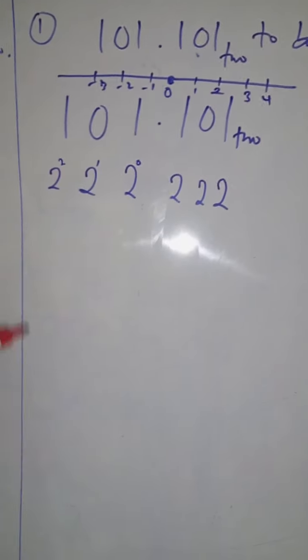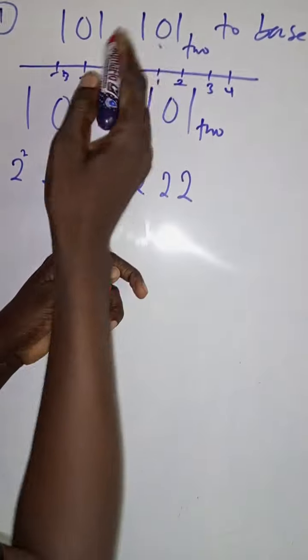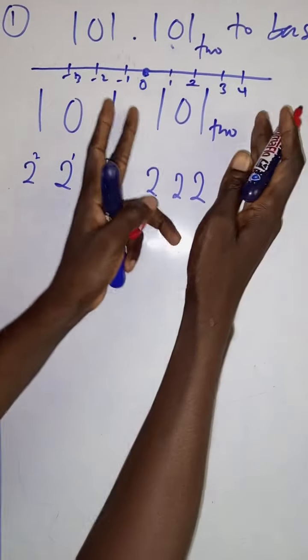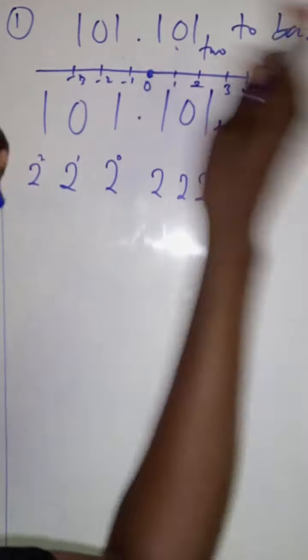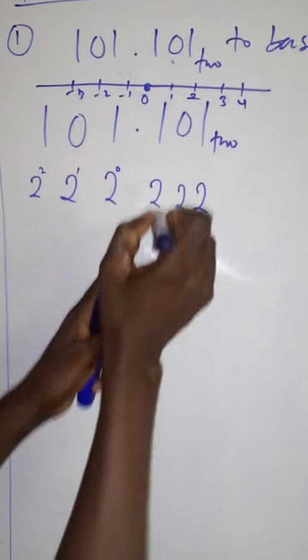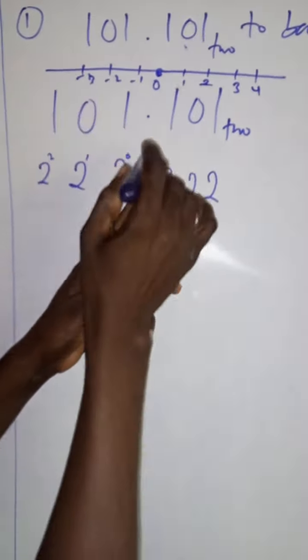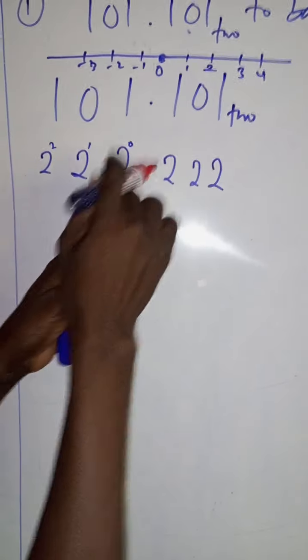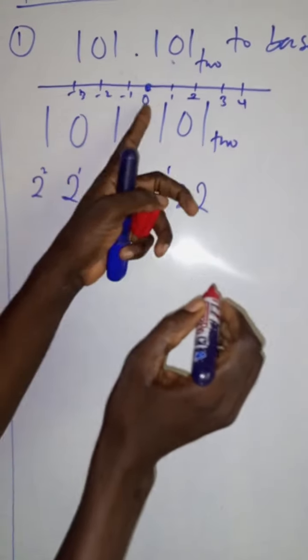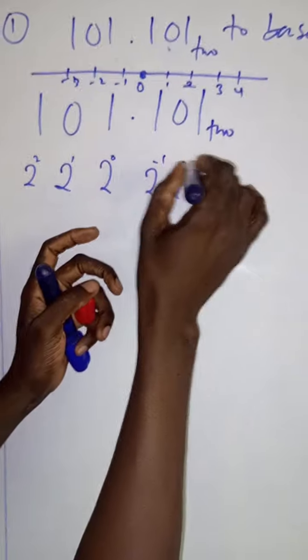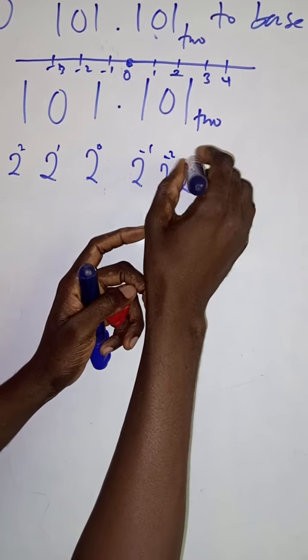It stops there. But this one, I'm starting from this, going towards the negative. This is the other side of it. So after 0 is what? -1. After 0, -1. This one -2, power -2. This one to the power of -3.